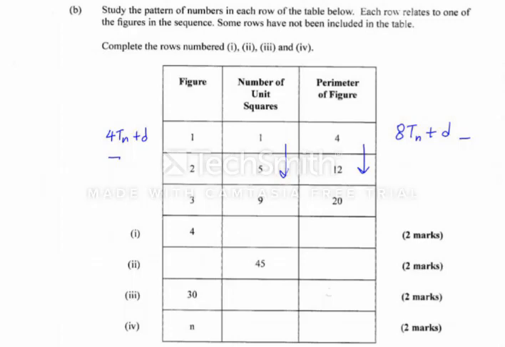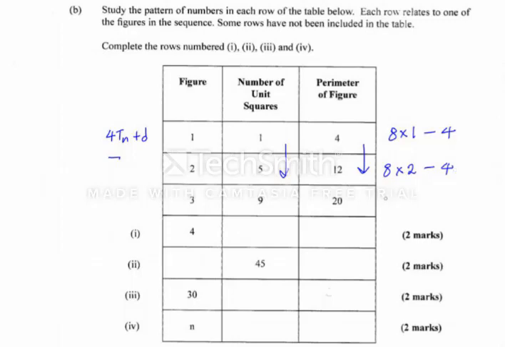So, for example, for the very first term, it's going to be 8 times 1, because the first term is 1, minus 4, and that will give you 4. The second one would be 8 times 2 minus 4, and that will give you 12.